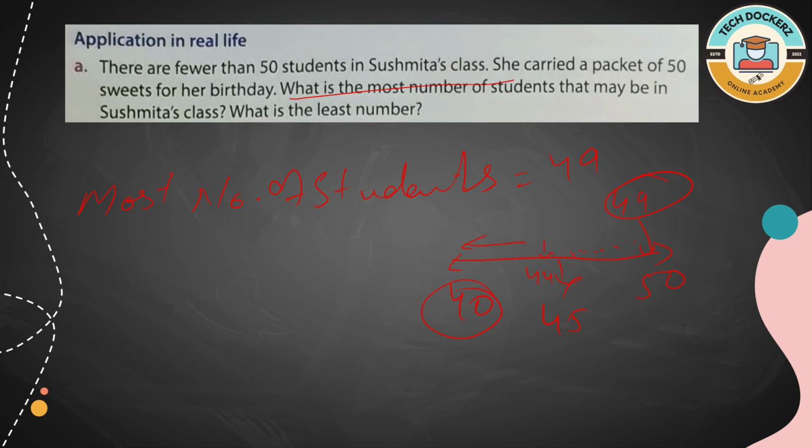And if we pick 46 students in Shushmita's class, it will round to 50 or 49, which is the most number of students in Shushmita's class. So we cannot pick 44 and 46. So the least number of students in Shushmita's class is 45.